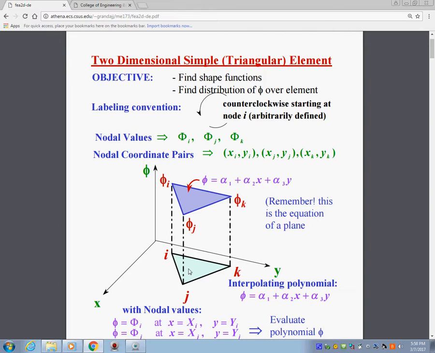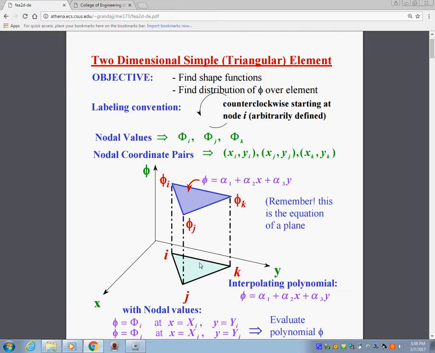The question, and the objective, is to find the shape functions when you have a two-dimensional finite element, and also find the distribution of the solution phi over the element. This is the question. So let's try to explain a little better what we see in the picture.